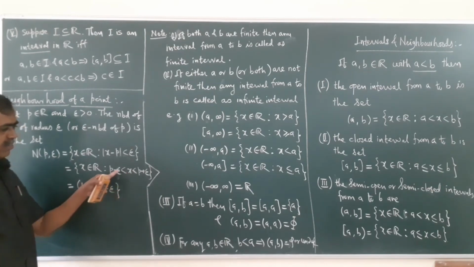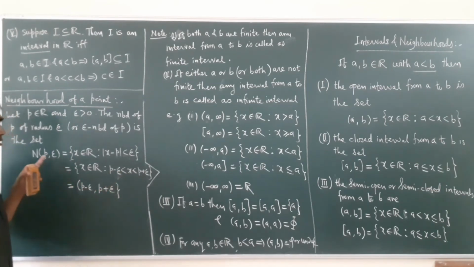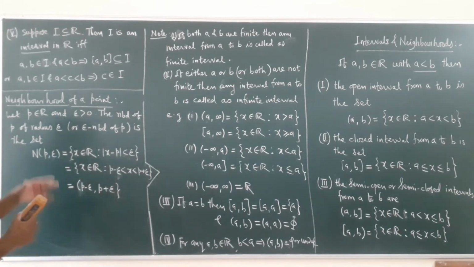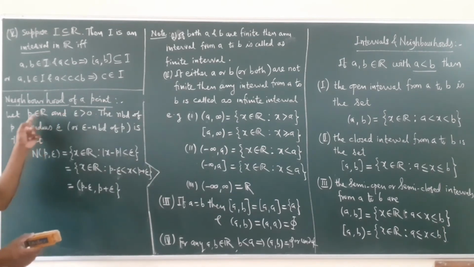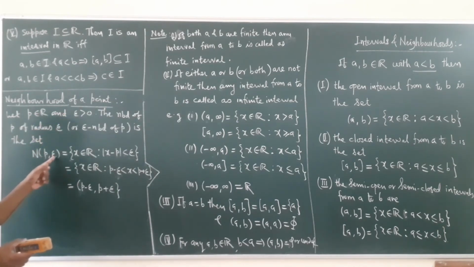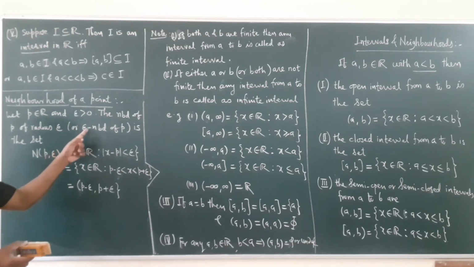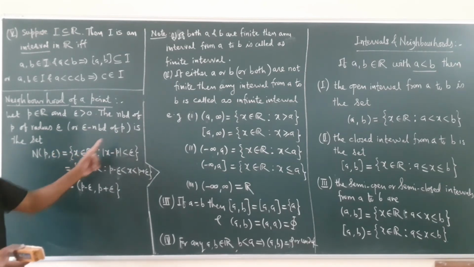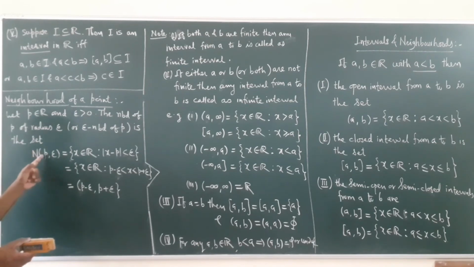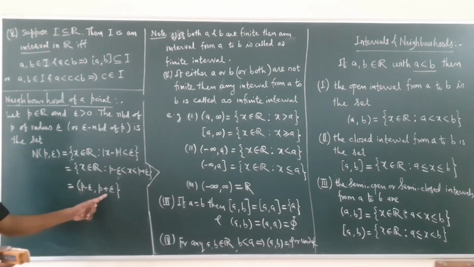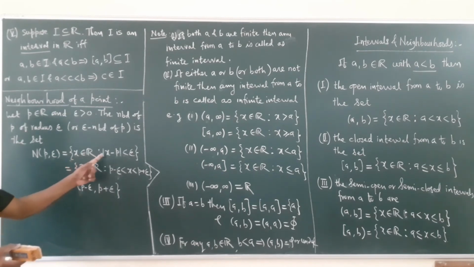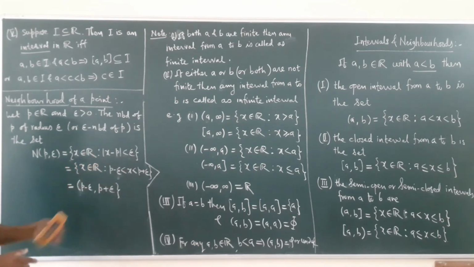Therefore, the neighborhood of any real number P of radius epsilon, or epsilon neighborhood of a point P, is denoted by N(P, epsilon). It is the open interval (P minus epsilon, P plus epsilon), or the set of all x in R such that mod of x minus P is less than epsilon.